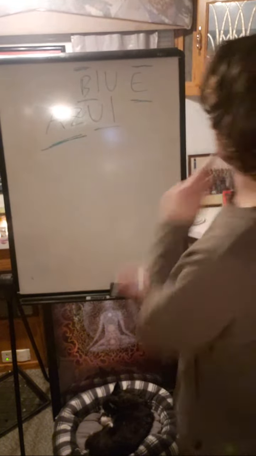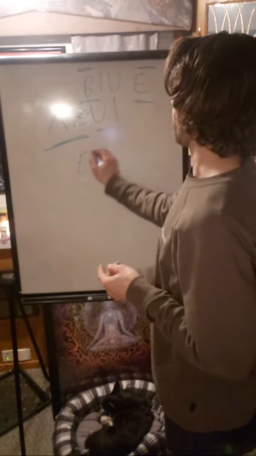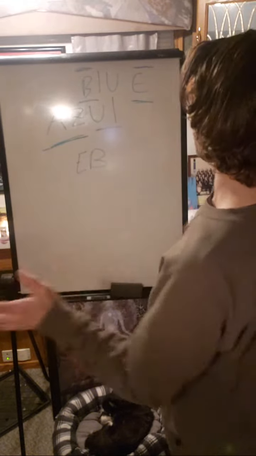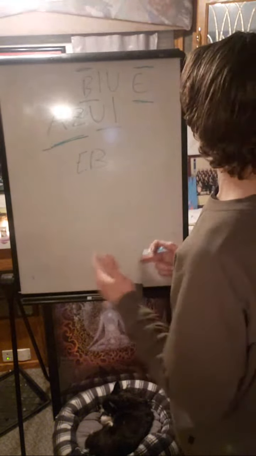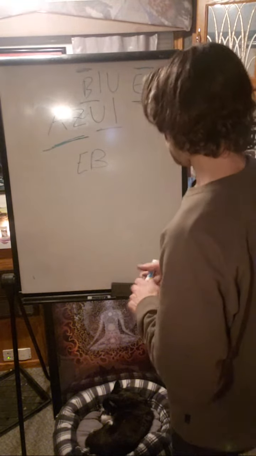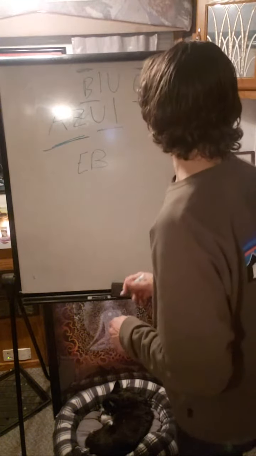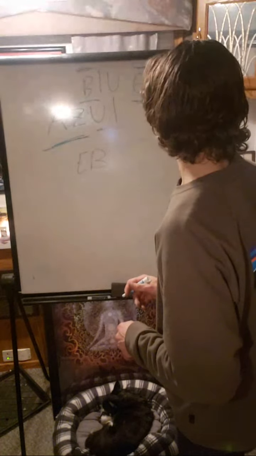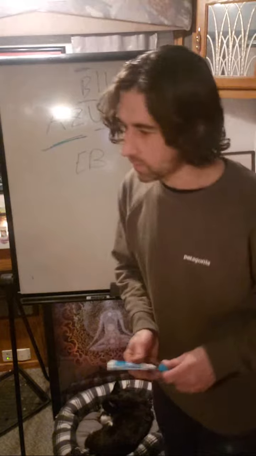This is just playing with the languages here. And then, if you write the B backwards, we're doing ebb, like to ebb and flow. And then we look at, okay, I was going to say something I already said.